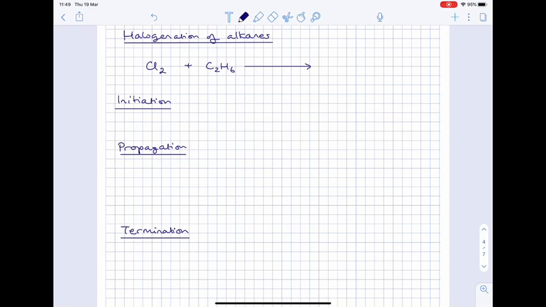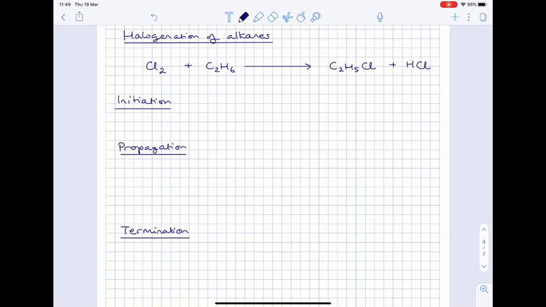And to make it simple, the exam board expect you only to substitute one of the hydrogens in the mechanism, unless obviously they tell you otherwise. So we're going to substitute one of the hydrogens for the halogen. So this is going to be C2H5Cl. So I've kicked out a hydrogen, and the byproduct is a hydrogen halide. In this case, it's HCl. That's the overall equation.